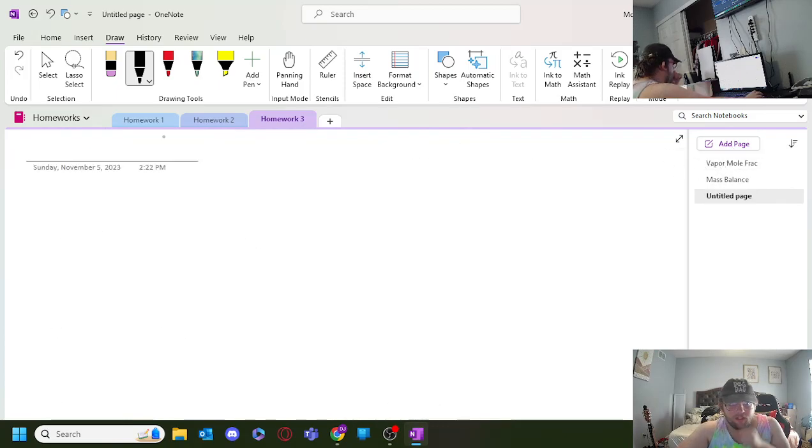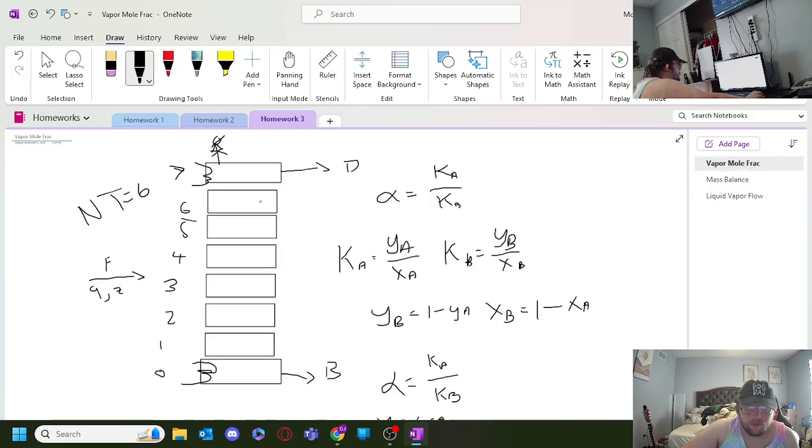What I'm going to do is add another page here, go up here, and do a liquid vapor flow. So, if we go back to our original diagram here, what you notice is at stage 3, all the way down to 1, we're going to have to treat differently than stages 4 through 6.